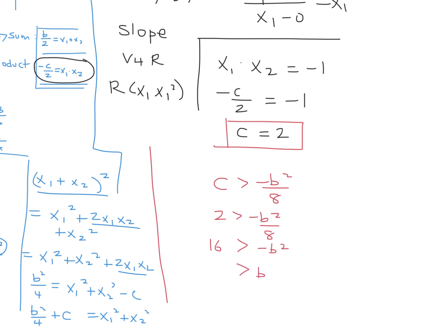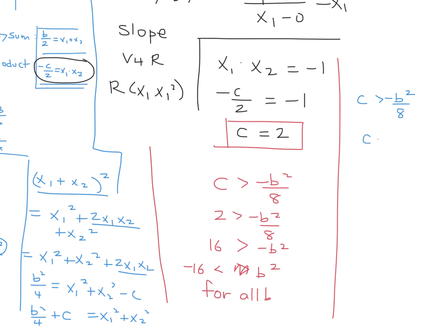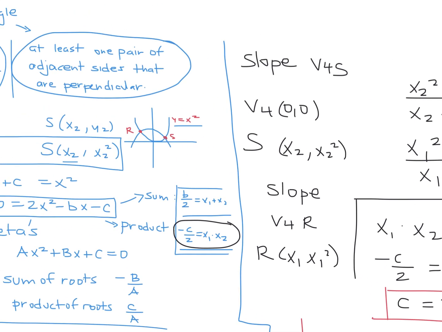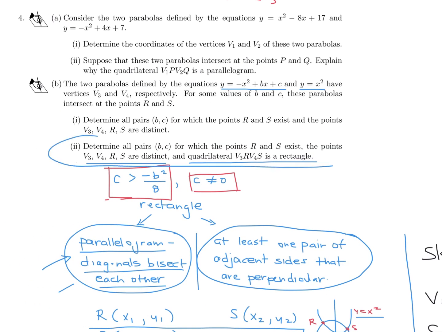That means b squared, this would flip actually, b squared is greater than minus 16. Well, b squared will always be greater than minus 16 since b squared is a positive number. So that basically means for all b. So in conclusion, my 4 conditions are going to be that c is greater than minus b squared over 8, that's condition number 1. c cannot equal 0. c is equal to 2, and all b. So these are the 4 conditions to satisfy those requirements.